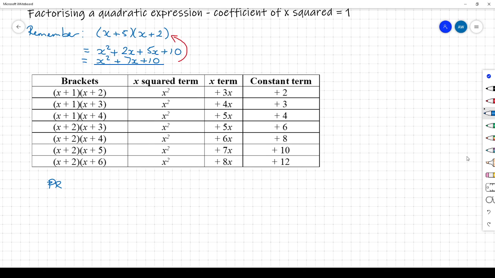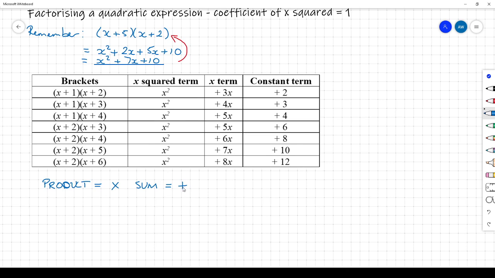Let's start again. Product equals multiply. And sum also is a word for add.